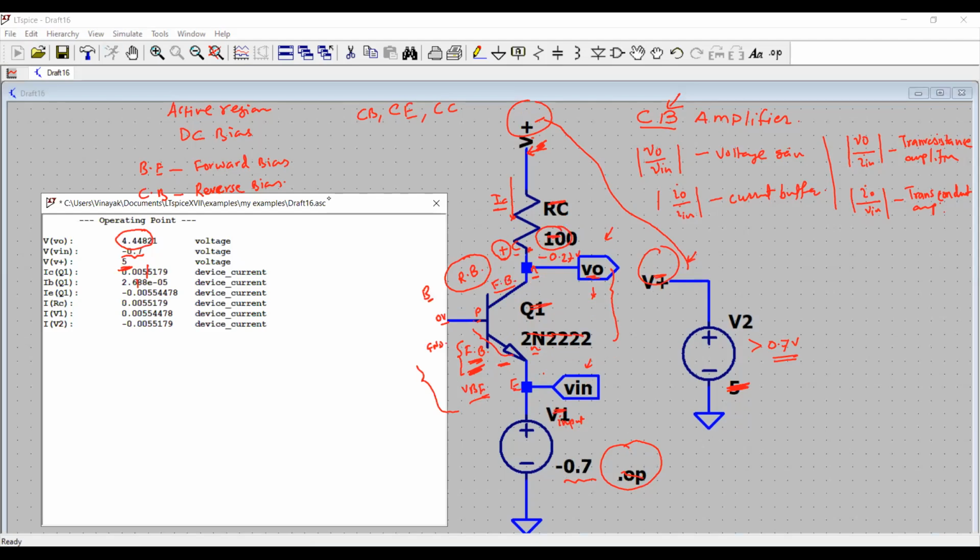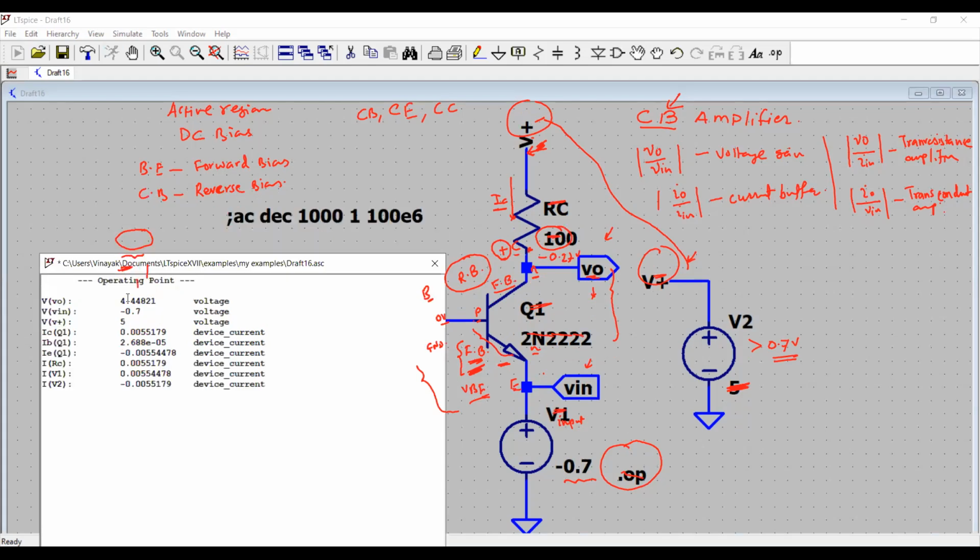Now you see you have 4.4 volt at the output, making this node positive as expected, and this junction is reverse biased. This junction is forward biased. So you got this condition satisfied and your transistor is biased in active region.